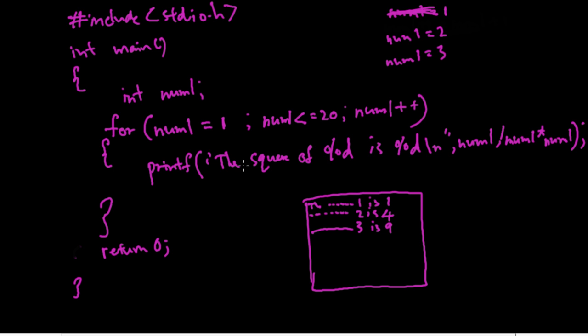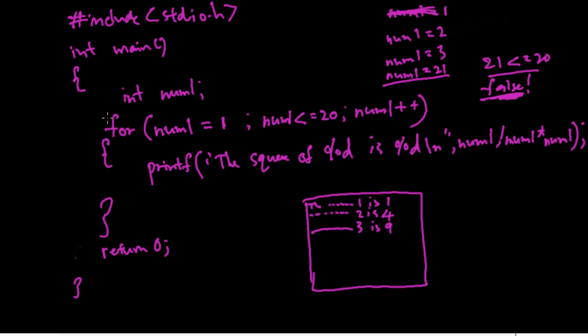Now it keeps going over and over again until it reaches num1 equals to 21. Now when it's 21, is 21 less than or equal to 20? No, it's false. So after that, it'll exit from the loop. So in here, we will have 20 lines, 1, 2, 3, with all the squares being displayed.